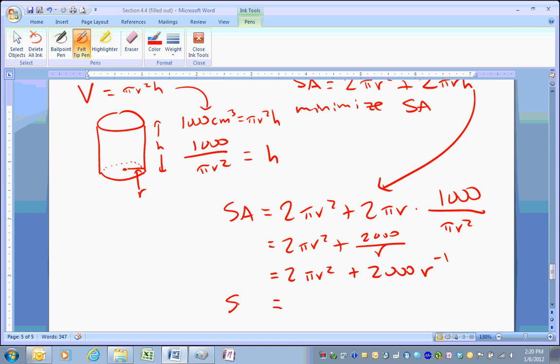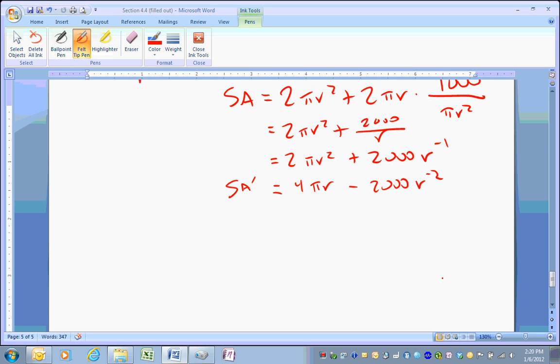So surface area prime will be 4 pi r minus 2,000 r to the negative 2 power. And of course we substitute 0 for the derivative. Minus 2,000 over r squared. So you kind of have to do some fancy algebra, like move the fraction over, cross multiply. I'm going to have you guys calculate this on your own. Tell me what you get for r. This is algebra you should have down cold, but sometimes you could be a little careless, so tell me what you get for r.